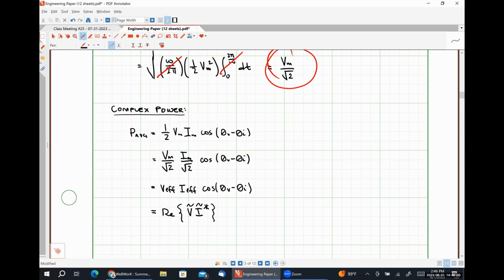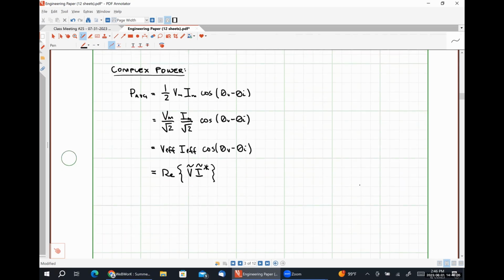So let's talk very briefly here about this squiggle notation, as I'm calling it, all right?